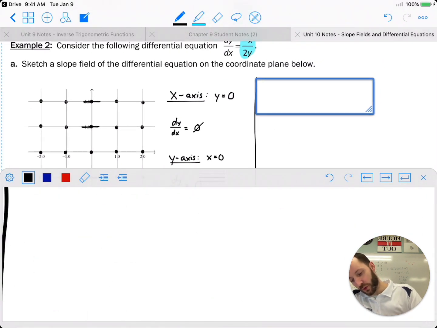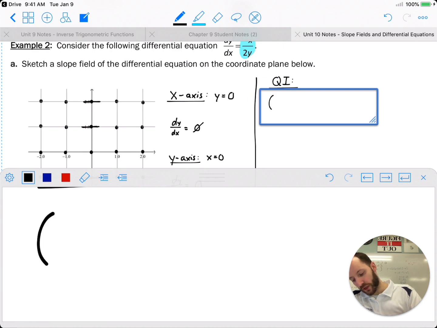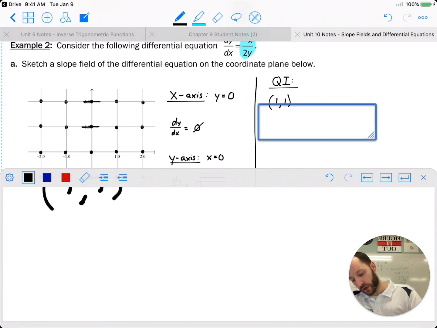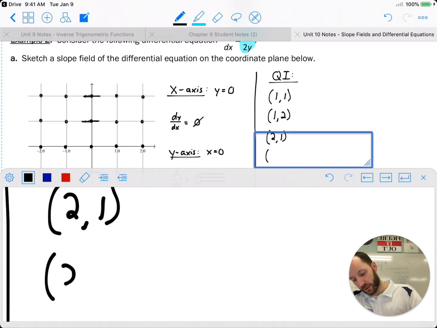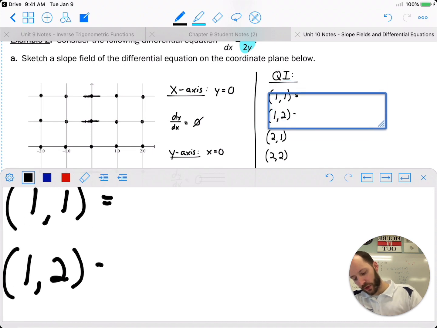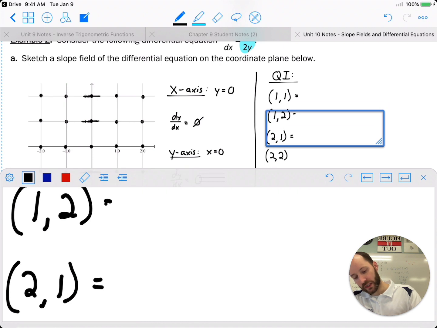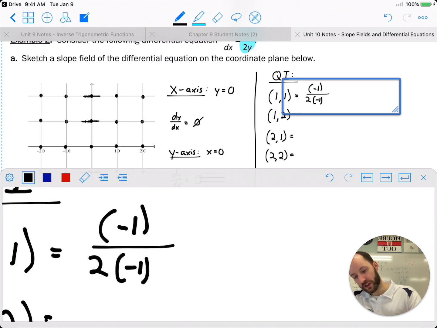So we'll start with Q1. So we have the point 1, 1, the point 1, 2, the point 2, 1, and the point 2, 2. So then we're going to just plug all these points into our dy dx equation. Do some very simple arithmetic and get our answer. I don't know why I said -1.